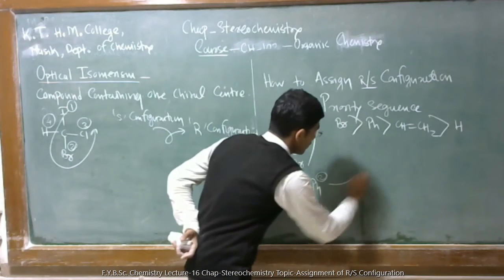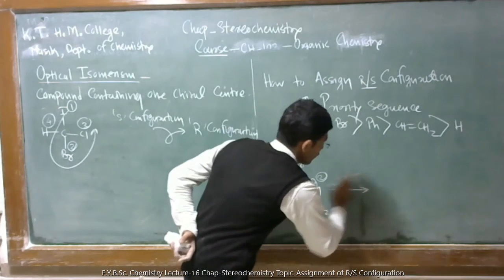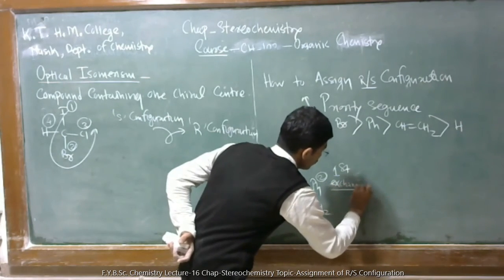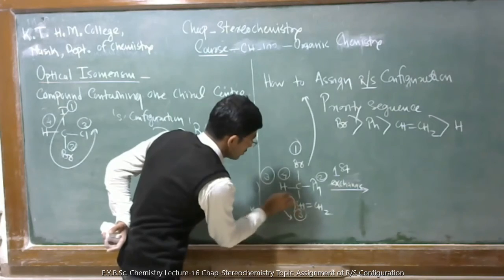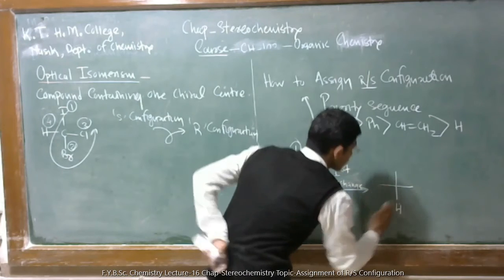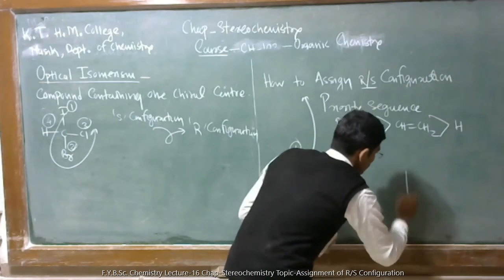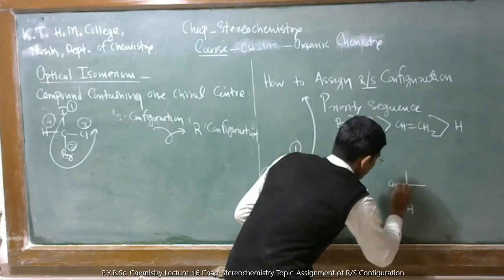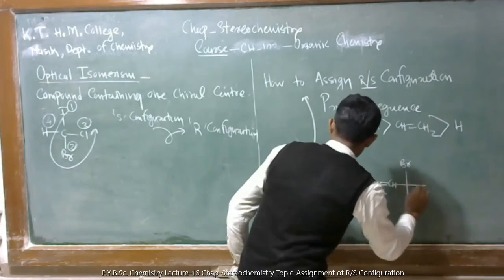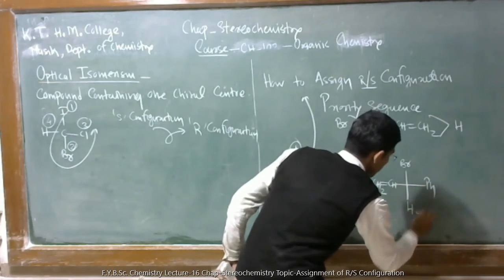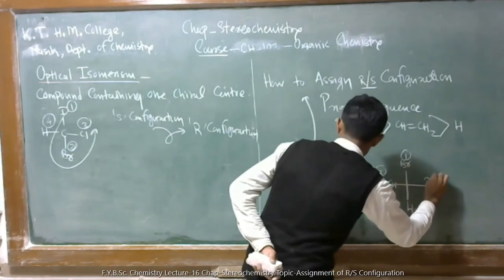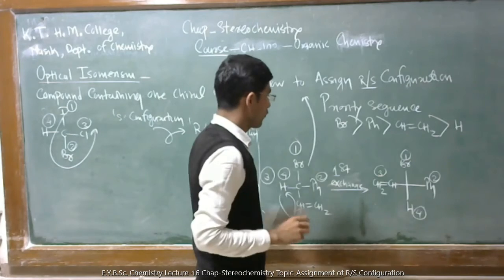So we have to perform an exchange here. By the first exchange, you have to bring the lowest priority group to the bottom. This is the fourth, this is the third, this is the first, and this is the second. So this is the first exchange.